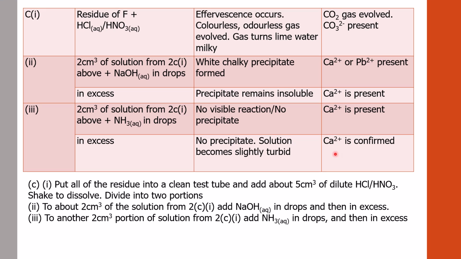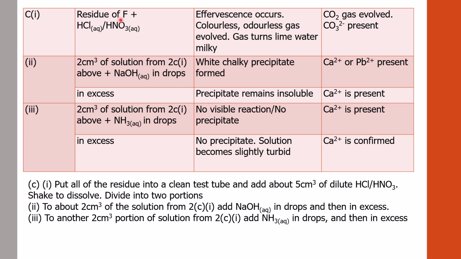Now, the C part of it says put all of the residue into a clean test tube and add about 5 cm³ of HCl or nitric acid, shake to dissolve, then divide into two portions.